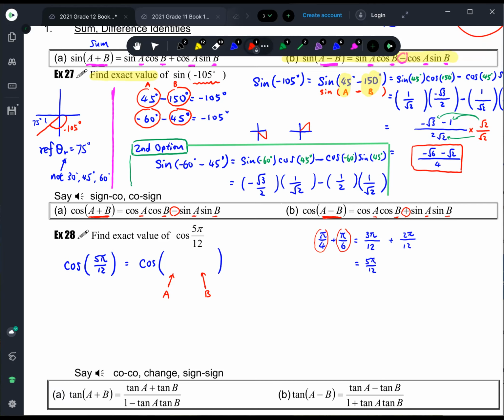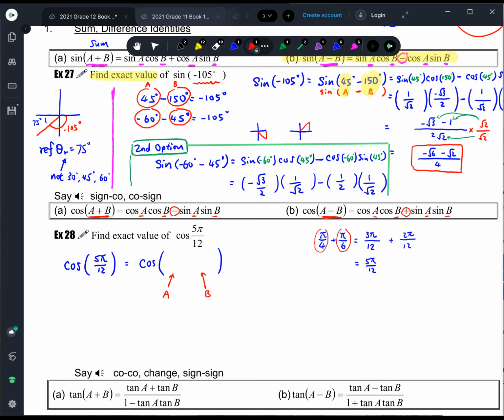Okay, anyone else got a different combination? Pi over 4, pi over 6? Other than that? Okay, I think that should be the only one. Of course, you can try to do subtraction, but I think this is the easiest way to go. So we'll move on from here.